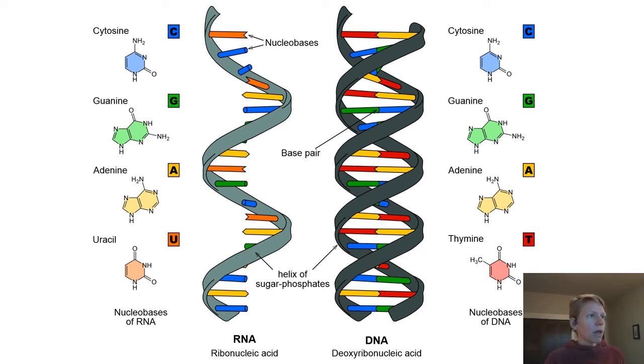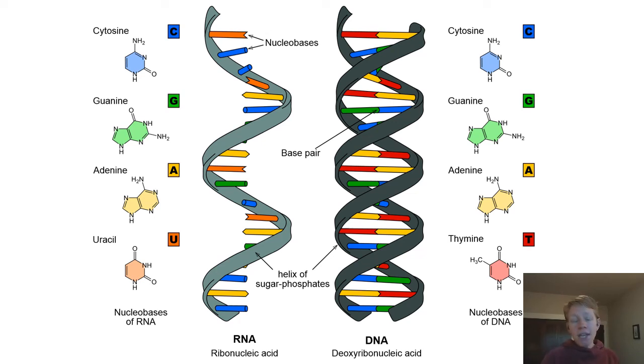Also, if you look at the 4 bases that are in DNA, we see C, G, A, and T on the right there. On the left, we also have C, G, A, but then instead of thymine with the T, we have uracil represented by a U. So that's another major difference.